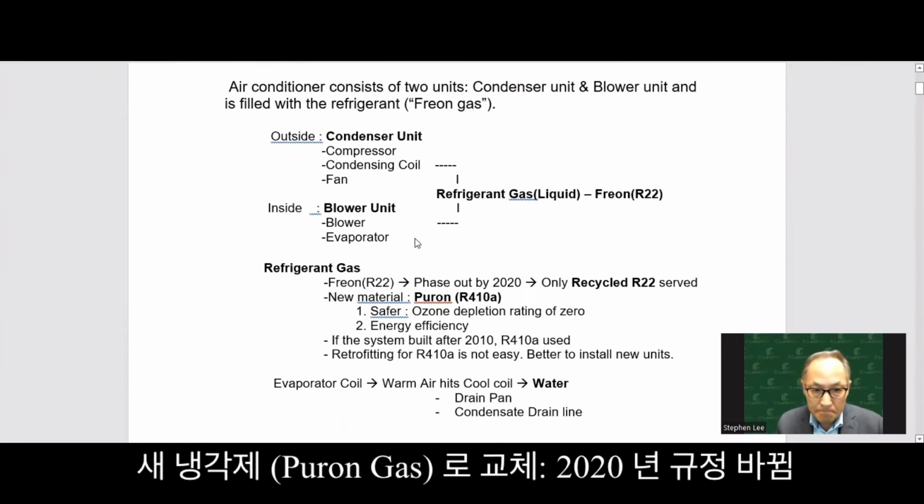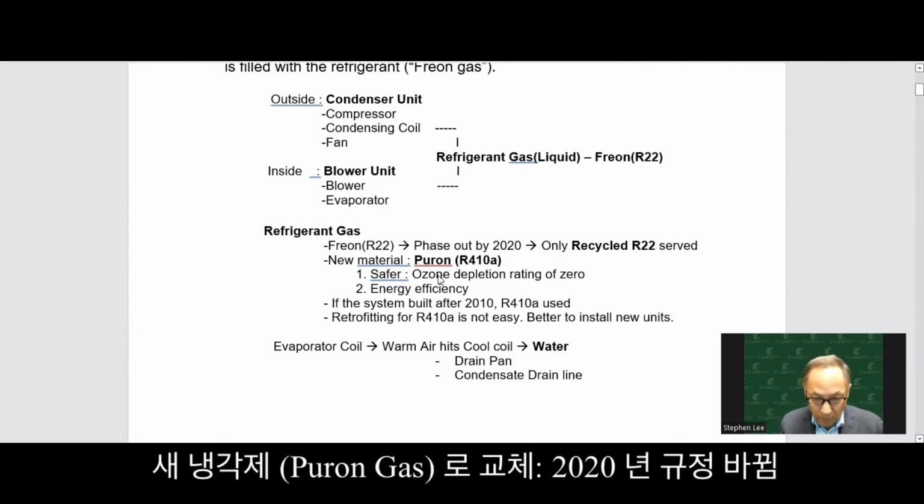Before we go further, we want to talk about this refrigerant gas we call Puron gas. We cannot use new Puron gas anymore from 2020. Only recycled gas can be used now. The code name is R410A.